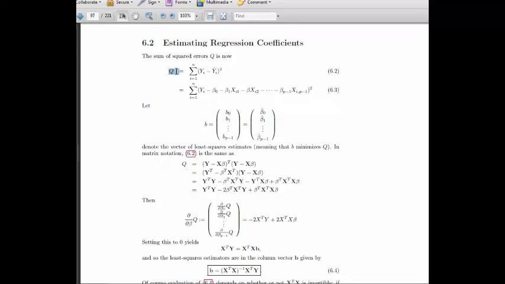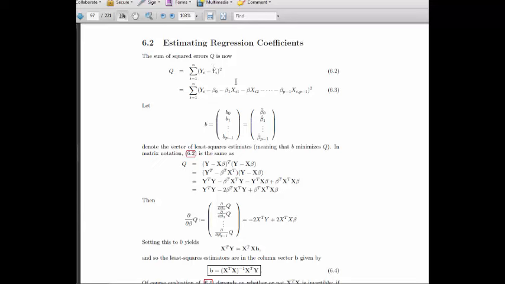Let's let Q, just because we need some symbol for it, be the sum of squared errors. That is, if you take all your response values, subtract off the fits, and square those and sum them up, this is your sum of squared errors. Then I can write this as the sum of squared, yi comes down.